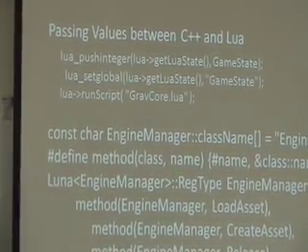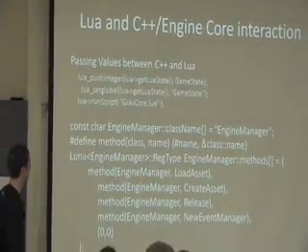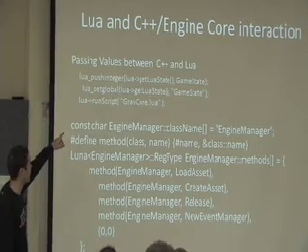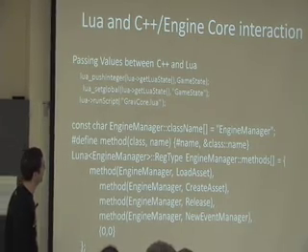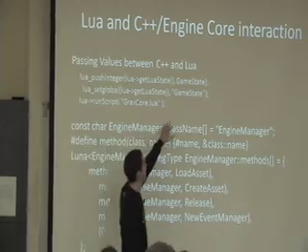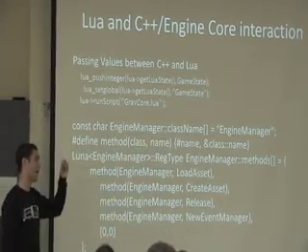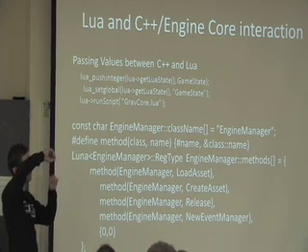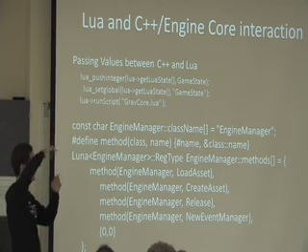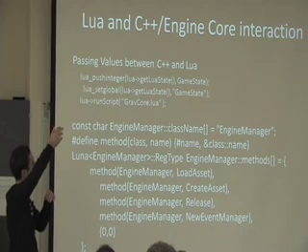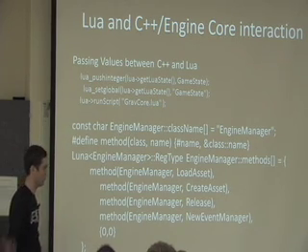So it pushes a number onto the stack, and it tells Lua to set that number as a global. Then you give it the name of what you want to set it as, so I say game state. If game state equals 0, it's going to push it on the stack. It's going to say, hey, Lua, set global, and Lua's going to pop it off the stack and set it as game state equal to whatever you set it to.